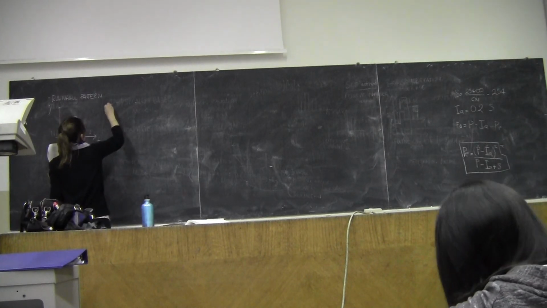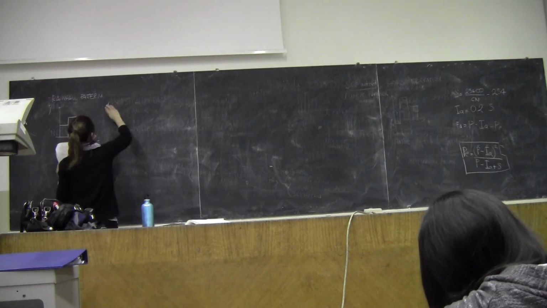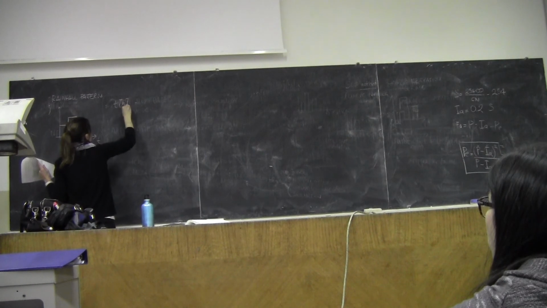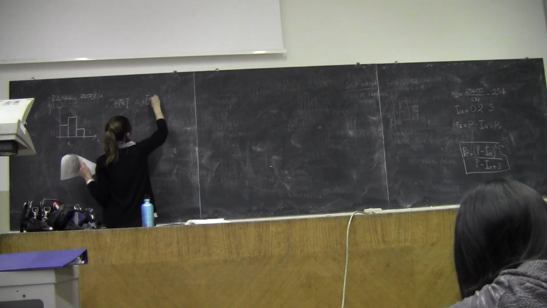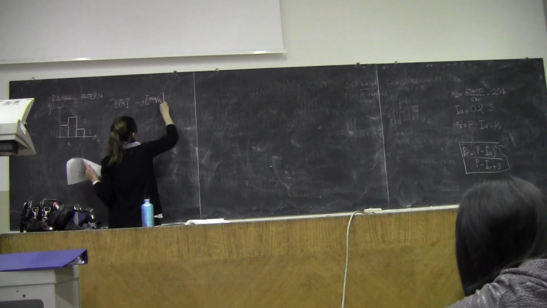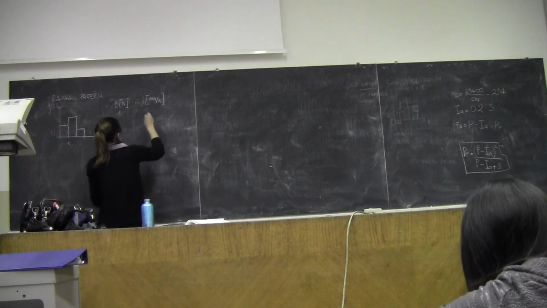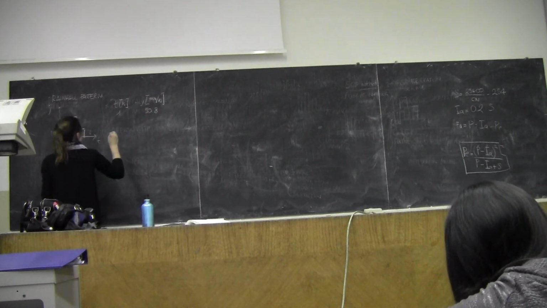Here we have time in hours, and this is J expressed in millimeters per hour. During the first hour, we have 50.8 millimeters.